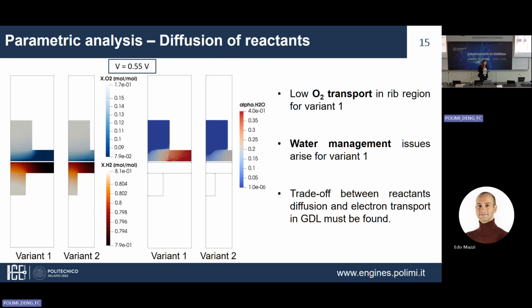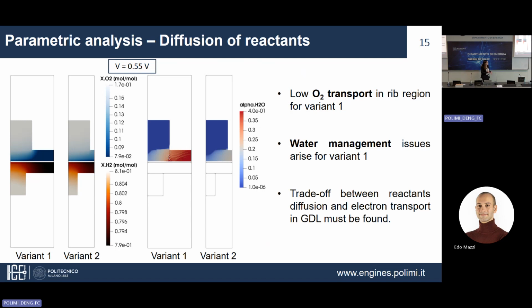So we have lower oxygen transport for the longer rib, but not only: the water that is produced on the cathode side also encounters more difficulties to diffuse from the porous media, where it's produced, toward the channel. And so we tend to have a blockage effect even from the condensed water, and so a further decrease of performances for the variant 1 configuration.